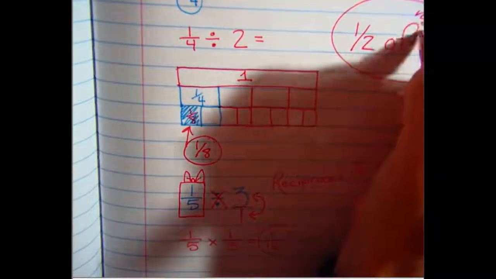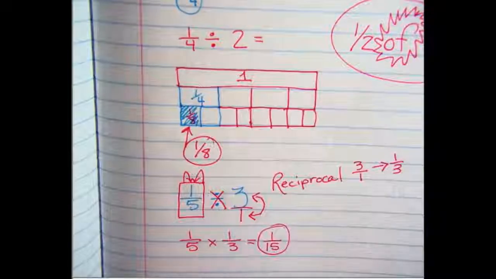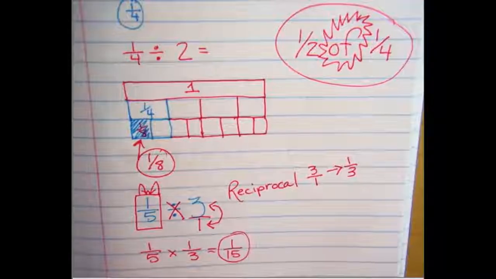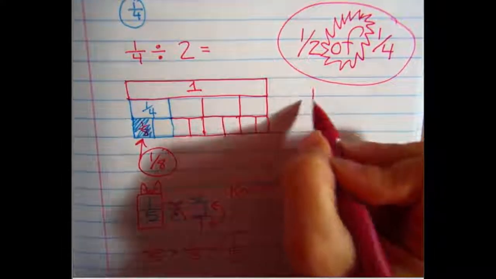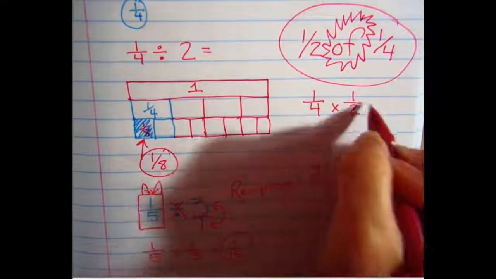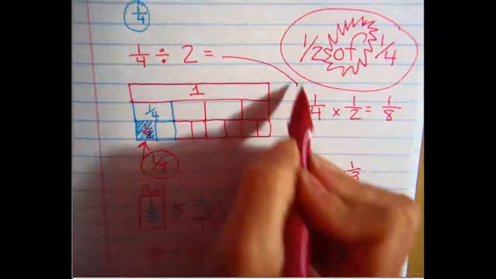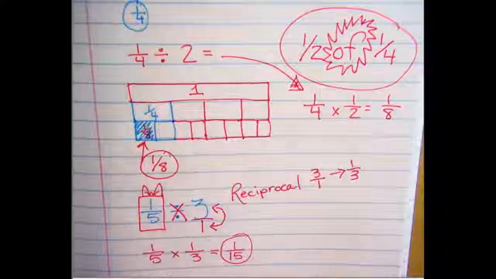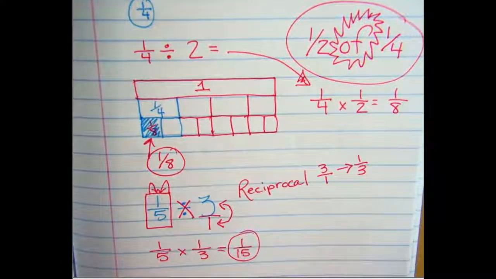Remember how I said you would see this word "of" a lot when we do multiplying fractions? Yes. Oops, you can't see that, sorry. When I find 1/2 of 1/4, I'm really doing 1/4 and 1/2 multiplied together to find 1/8. I'm changing this guy into this to find out what 1/2 of 1/4 is.